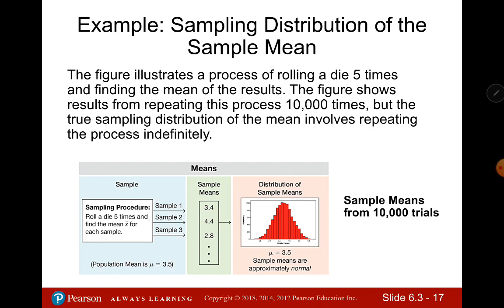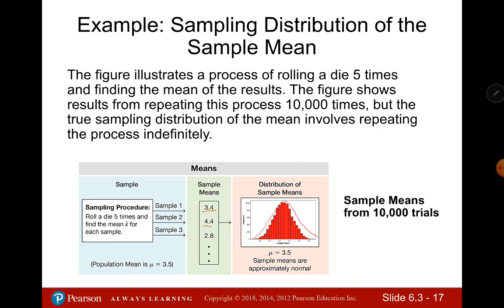For example, for the first sample, we record several numbers, 3, 4, 2, 5, 6, something like that. Then divide by 5. For example, for the first 5 numbers, we get 3.4. And for the second 5 numbers, we get this. So each one is our sample mean x-bar, right? Then we use the histogram to help us see the shape of the distribution.